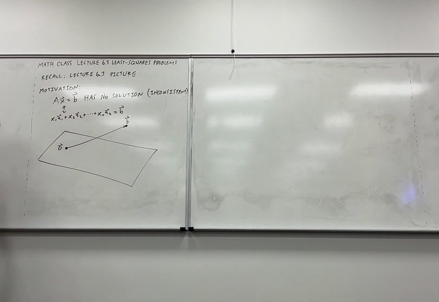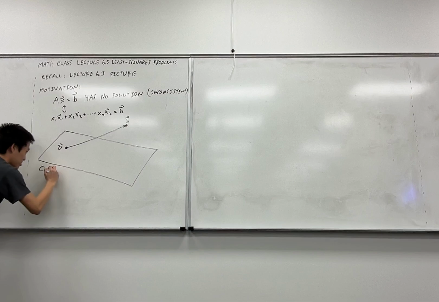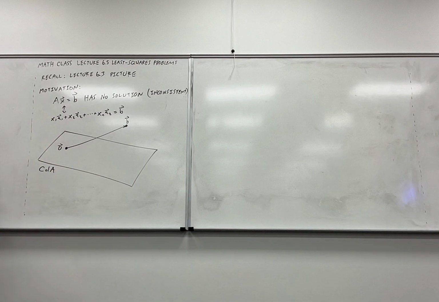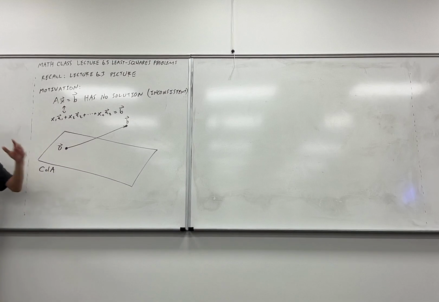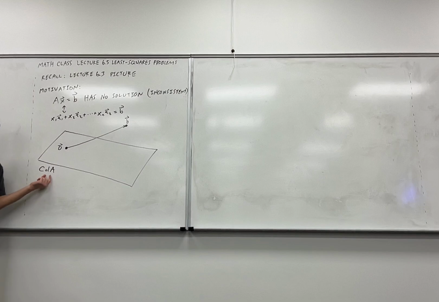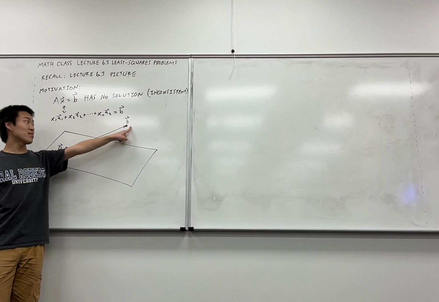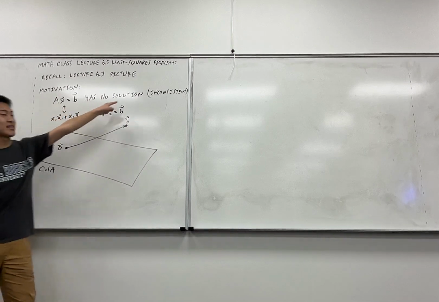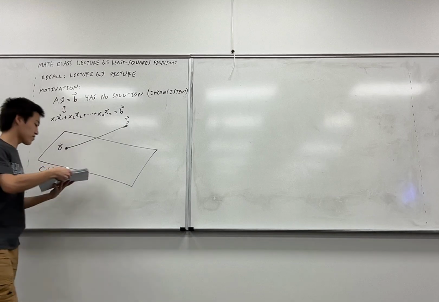But I can't get to it using only the columns of A. So in 6.3, we called this subspace W in general, and now we have an application. That specific subspace is the column space that we want to think of. Is B inside of my column space? No, that means that this has no solution.